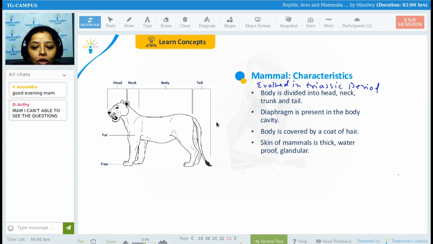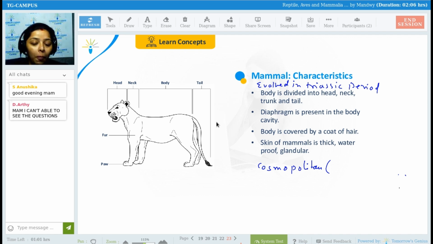What is the meaning of cosmopolitan? Ma'am, I think mammals have the unique feature that they can produce milk. Not sure.